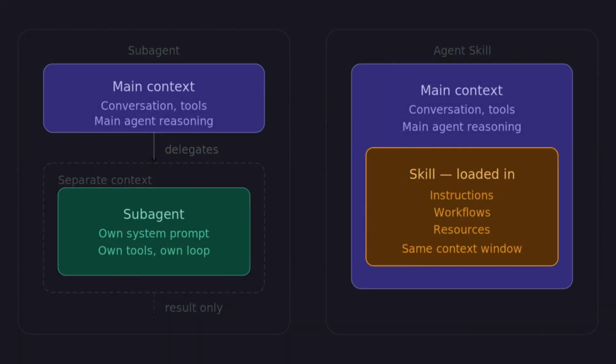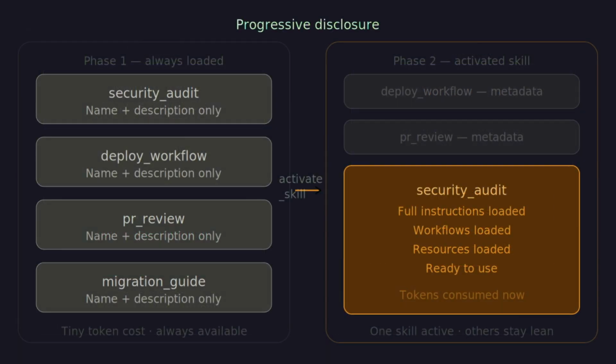Agent skills are a different mechanism from subagents, though they complement each other. Where a subagent is a separate agent with its own context, a skill is a package of instructions, workflows, and resources that gets loaded into the main agent's context when it's relevant to the current task. The key design principle is progressive disclosure. Gemini only loads the metadata for each skill, its name and description, initially.